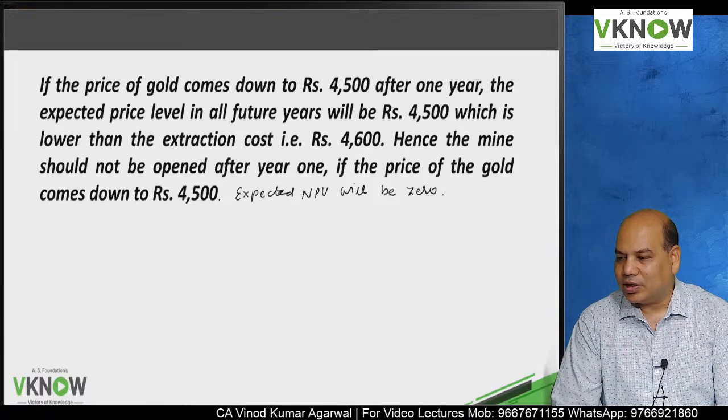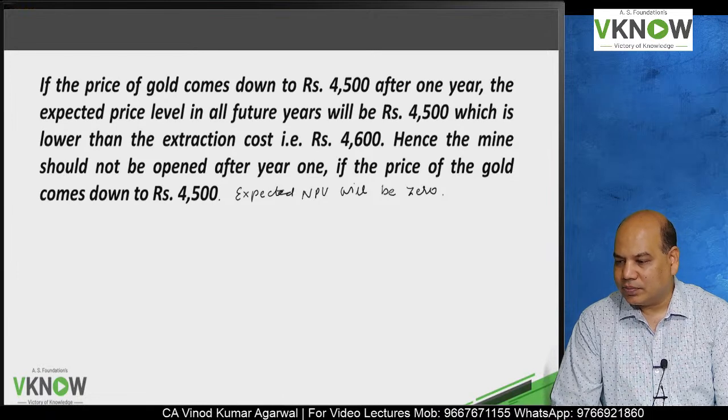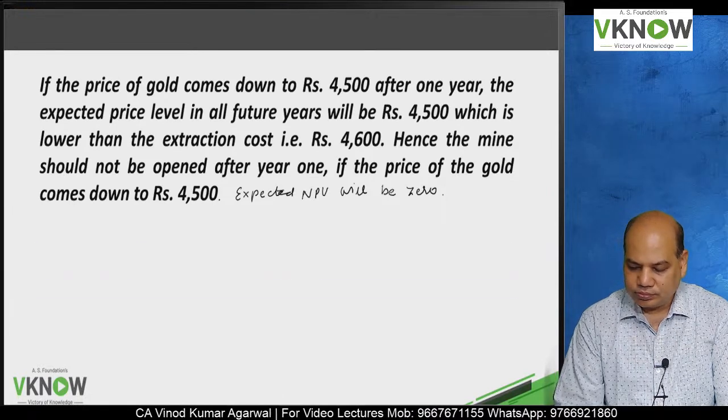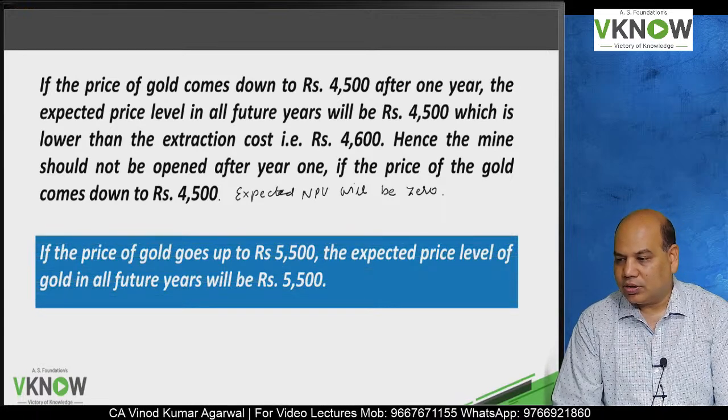Expected NPV, if the price goes down to 4,500, is rupees 0. Okay. Now write down the next note.